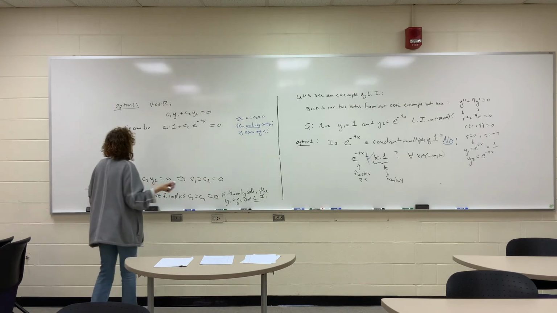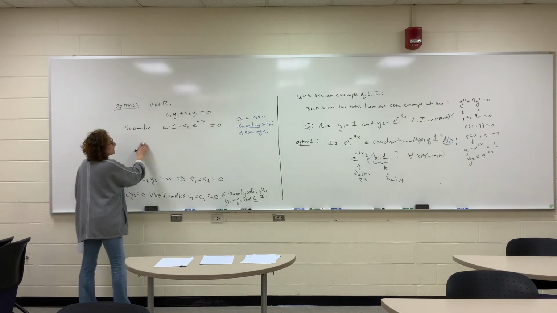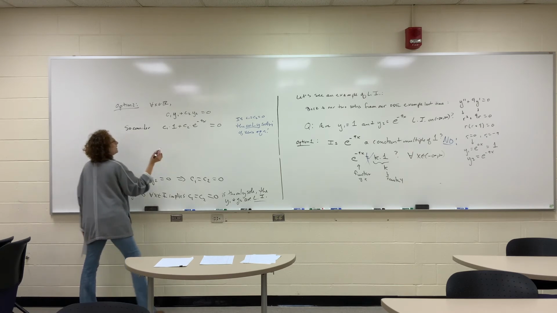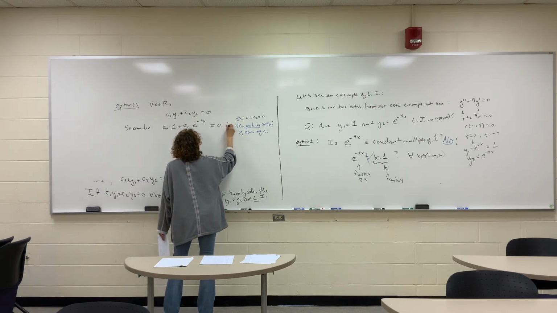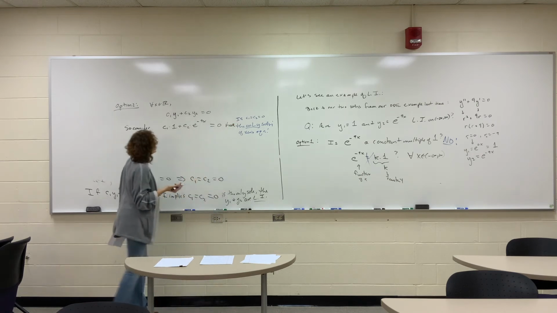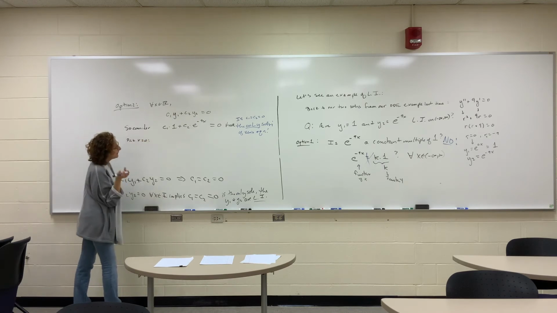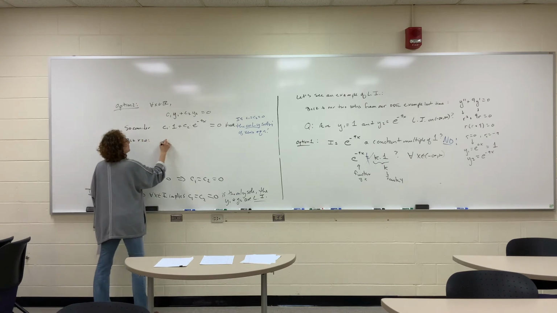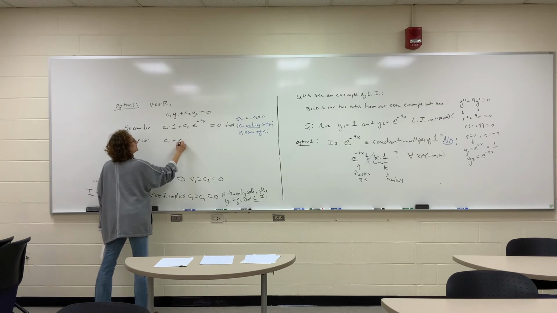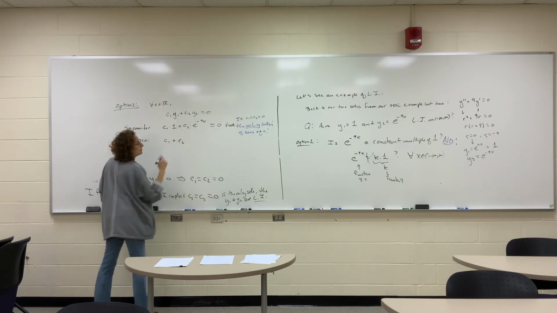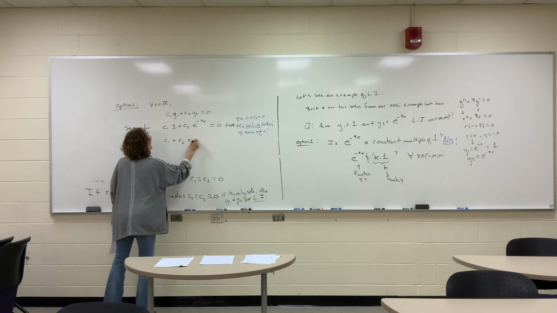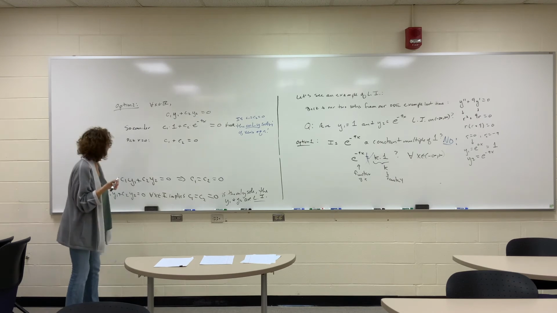This has to hold for all x real, so we could pick some easy x's. Let's pick x equals 0. If x is 0, then this equation becomes C1 plus C2, since e to the 0 is 1, equals 0.